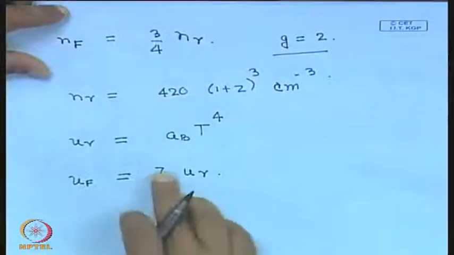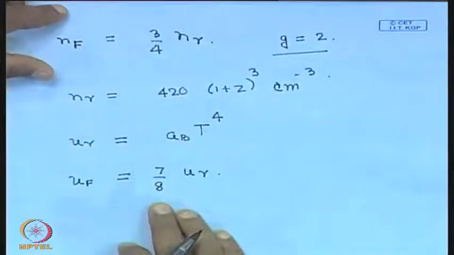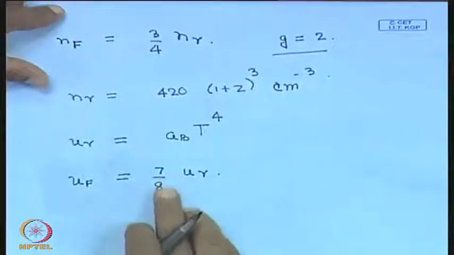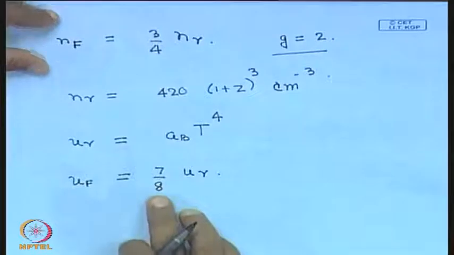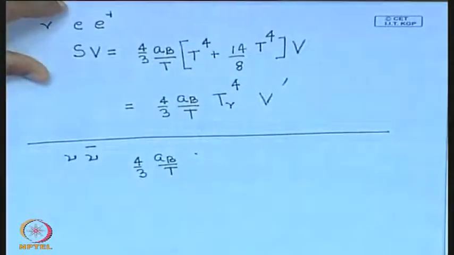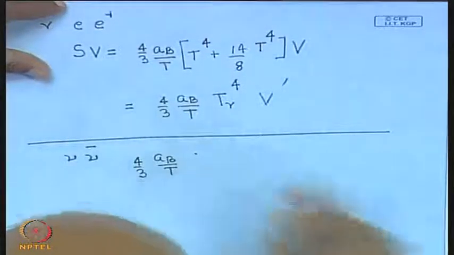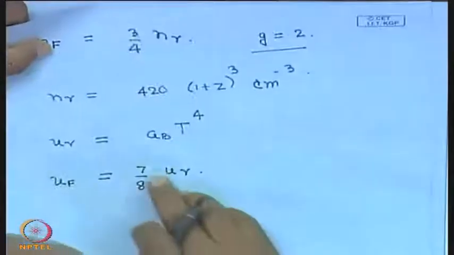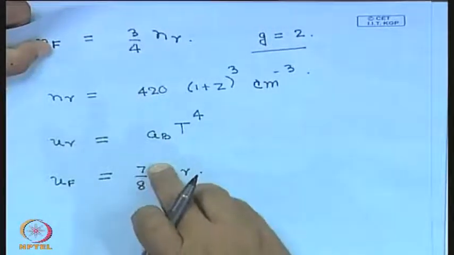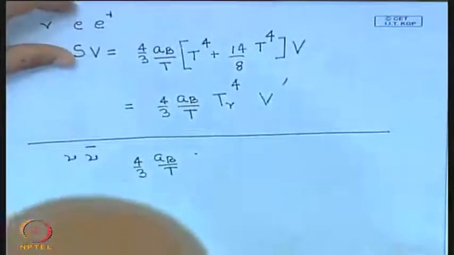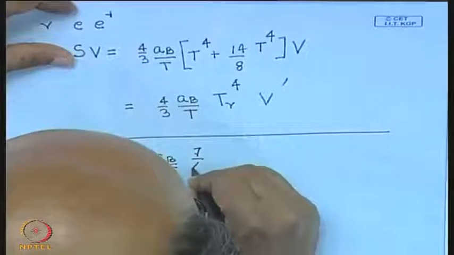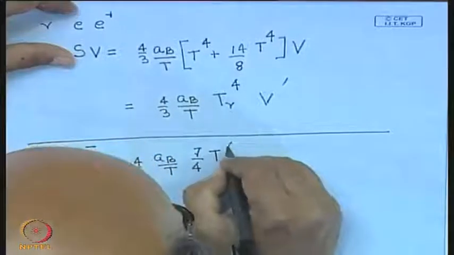Let us take one kind of neutrino. Neutrinos do not have two polarizations, they only have a single polarization, but there is a neutrino and the antineutrino. So again we will have 14 by 8, which can be written as 7 by 4. So this is 7 by 4 T to the power 4.